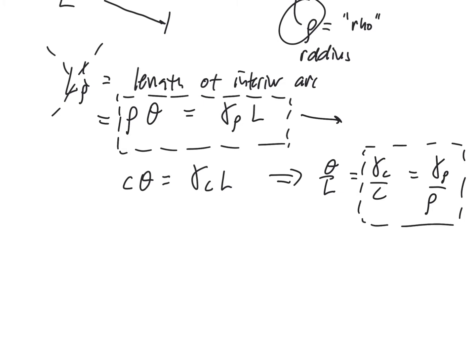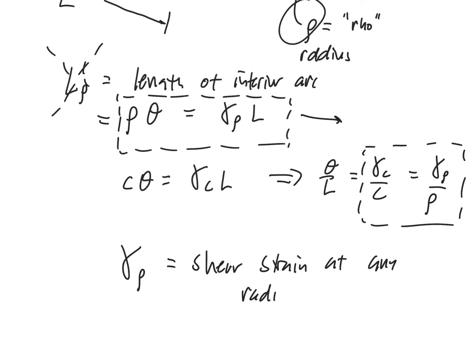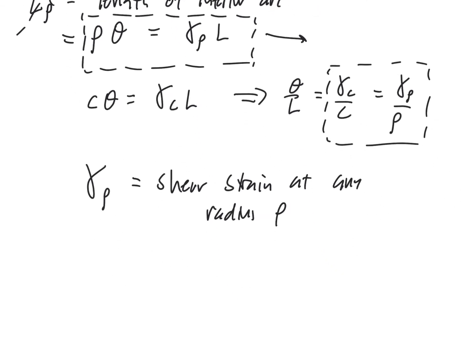So now we're going to grab this. That is a key relationship, and we're going to write gamma at rho, the shear strain at any radius rho, and that's going to be equal to rho divided by C times gamma at C. So that is gamma at rho.